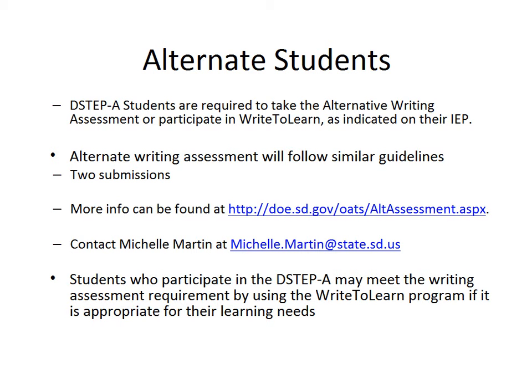For more information, or if you have any questions about this, you can contact Michelle Martin, and her email is michelle.martin@state.sd.us. Students who participate in the D-Step A may also meet the writing assessment requirement by using the WriteToLearn program if it is appropriate for their learning needs.